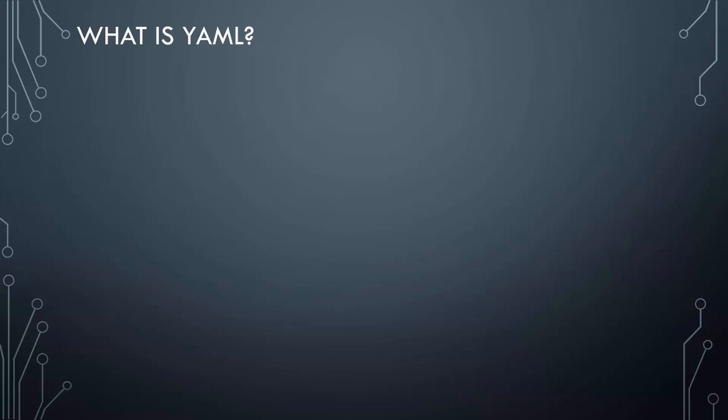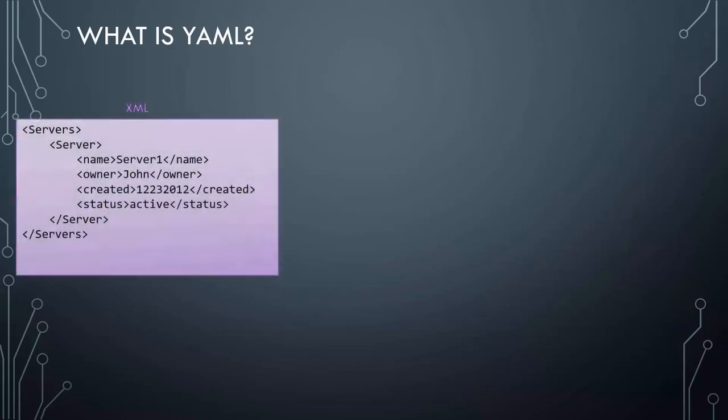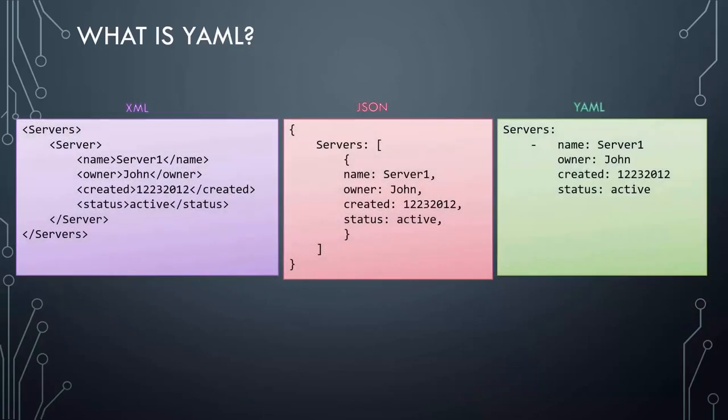If you have worked with other data structure formats like XML or JSON, you should be able to easily pick it up. Don't worry if you haven't worked on any of these, you should still be able to easily pick it up going through the coding exercises that accompany this course. A YAML file is used to represent data, in this case configuration data.